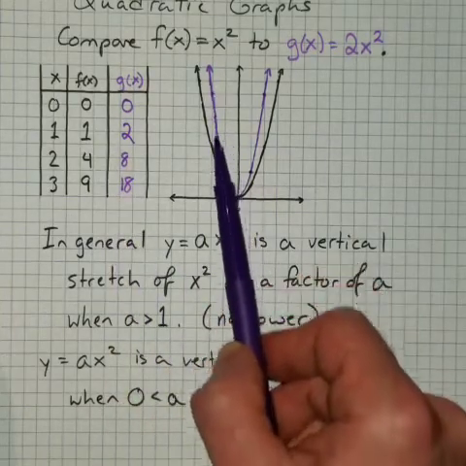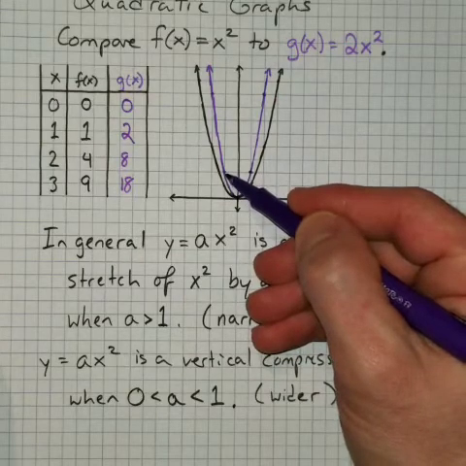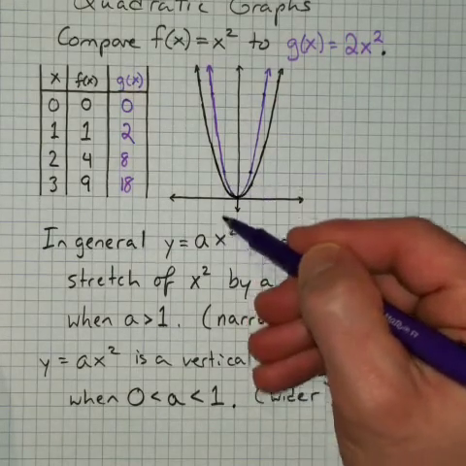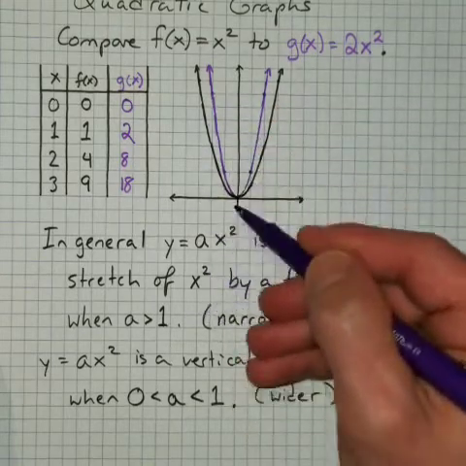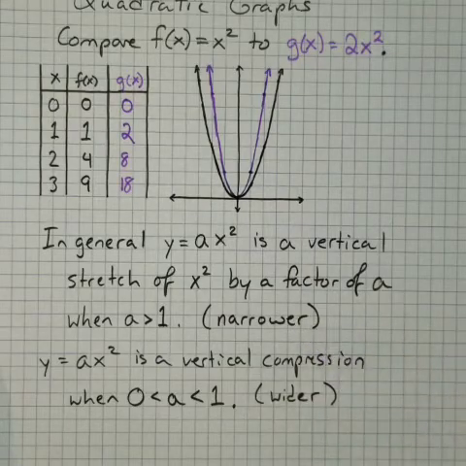It takes the graph, instead of pointing it upward, all of the values become negative, so it points downward. So positive 2 would become negative 2, positive 8 would become negative 8, and that graph would come down instead of up. Okay?